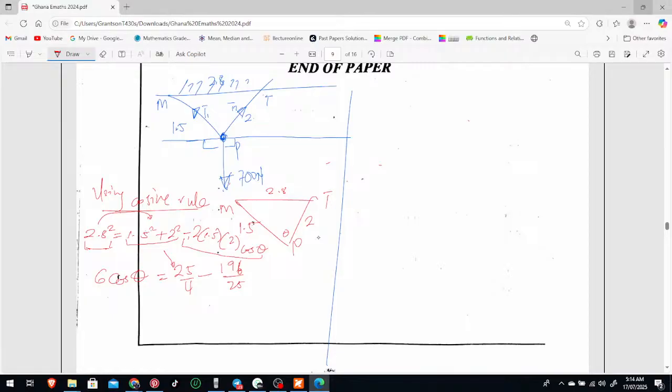Yes, sir. So now cos theta is going to be everything divided by 6. 25 over 4 minus 196 over 25 all over 6. And theta will be cos inverse of everything.